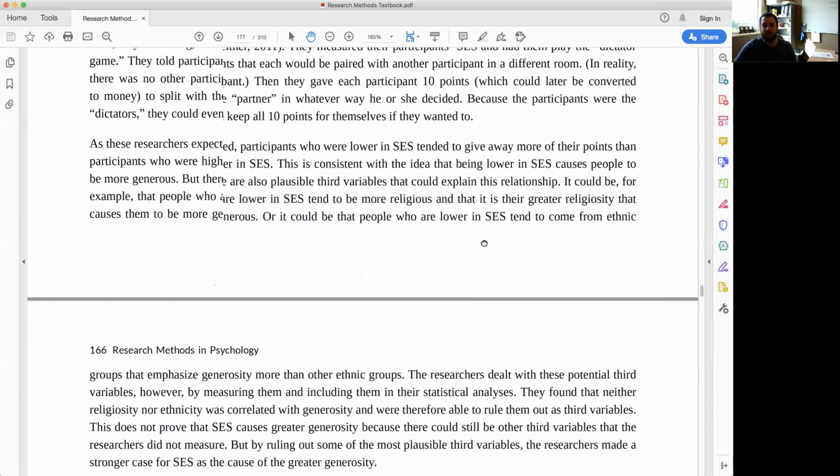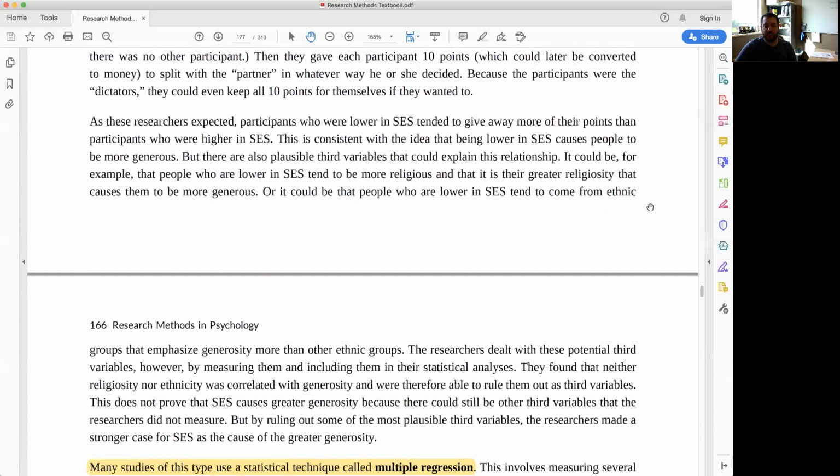Or maybe they thought people were being more generous because they're coming from different ethnic groups that emphasize generosity more. So then they can measure ethnicity and plug that in. And if they're not finding correlations between generosity and religiosity or generosity and ethnicity, then they can kind of rule those out as possible third variables.